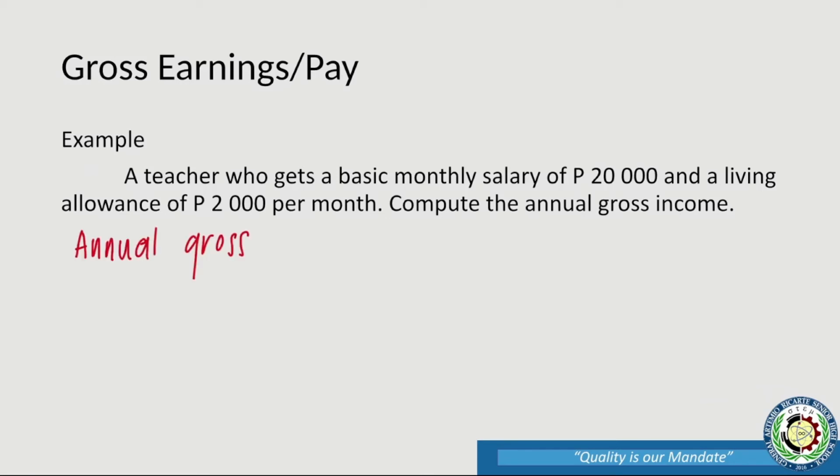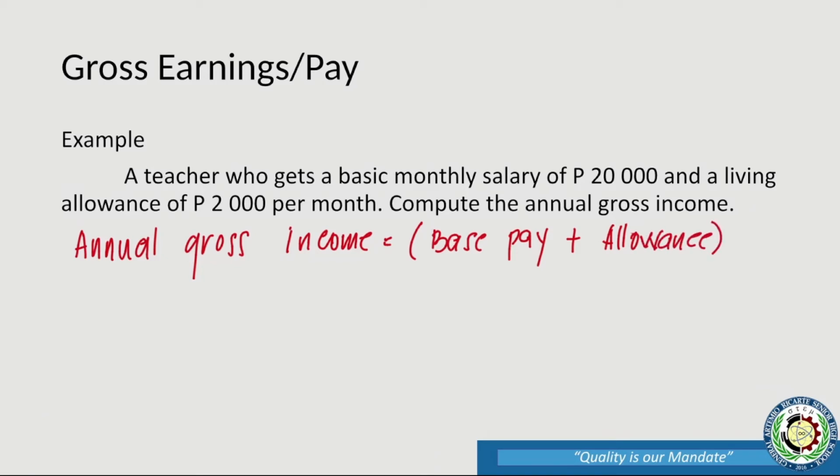To compute the annual gross income, base pay plus allowance, we multiply it by 12 months. In this case, the base pay is 20,000 plus the allowance of 2,000. We multiply it by 12 and we will get 264,000.